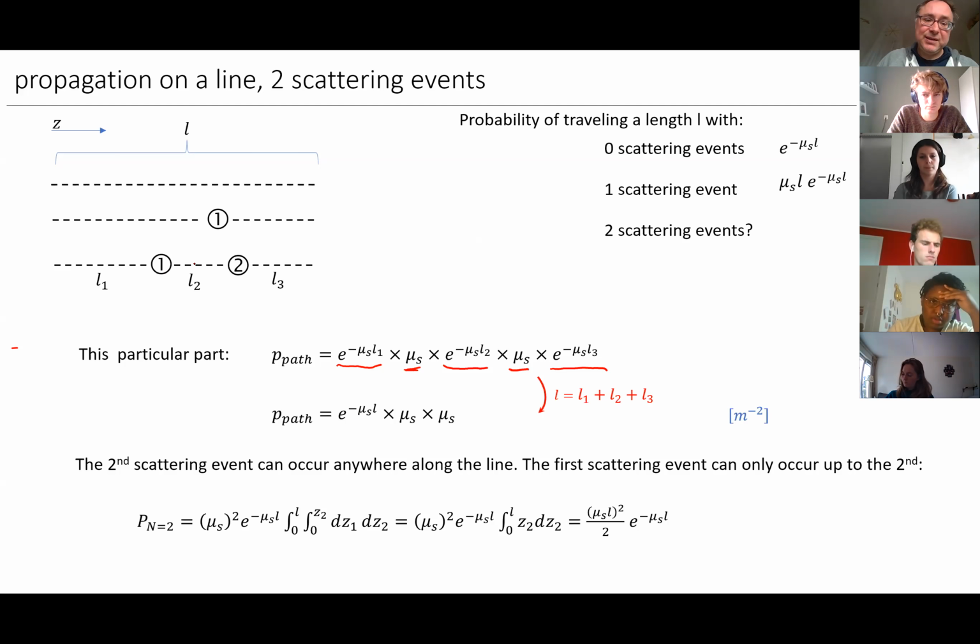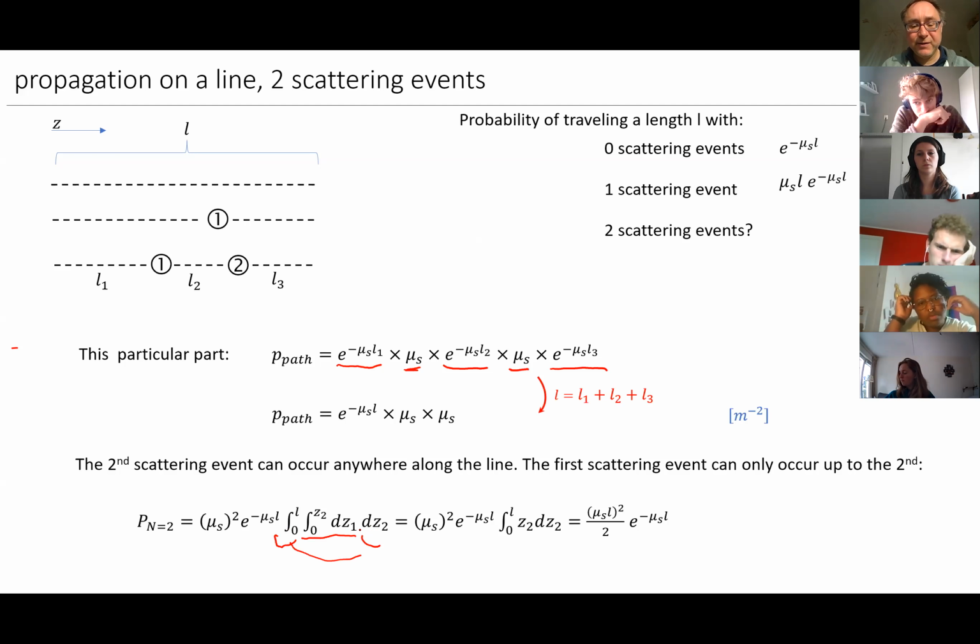So if we want to add all these possibilities together, that means that we can vary the first scattering event up to the location of the second scattering event, and the second scattering event can then take place anywhere between 0 and L. So we get this kind of double integral. We have to add all these possibilities together. But again, the first scattering event can only occur up to the second scattering event.